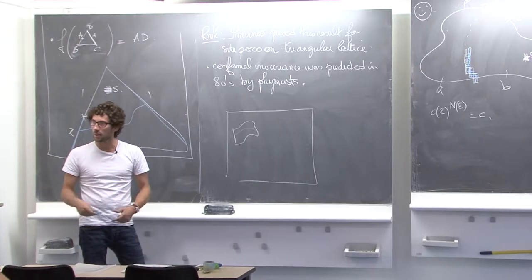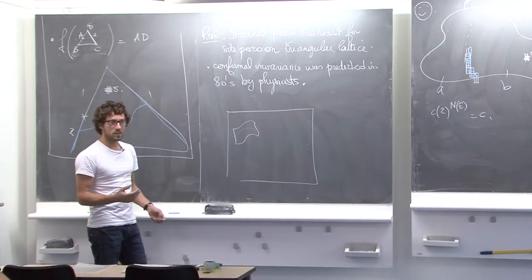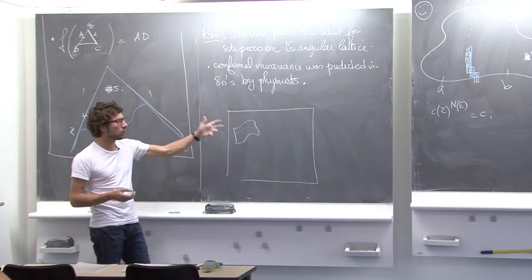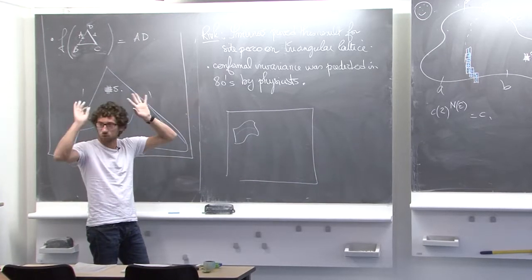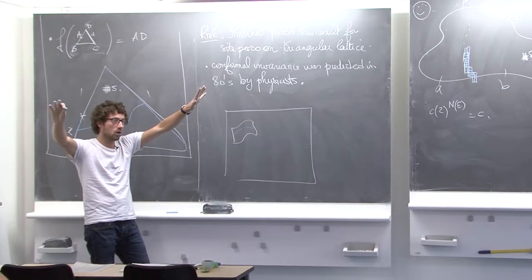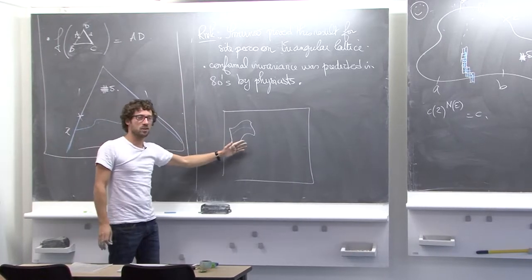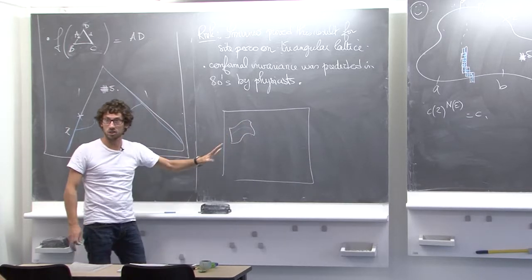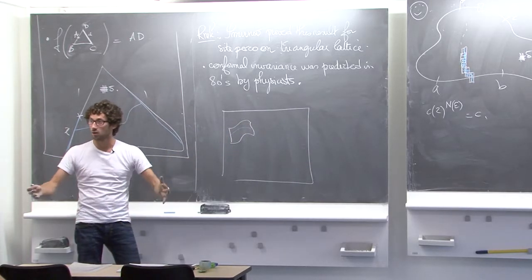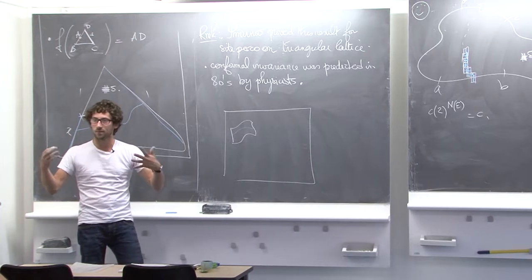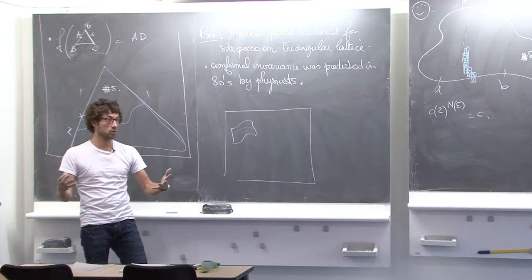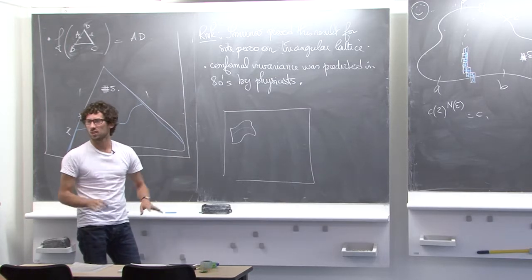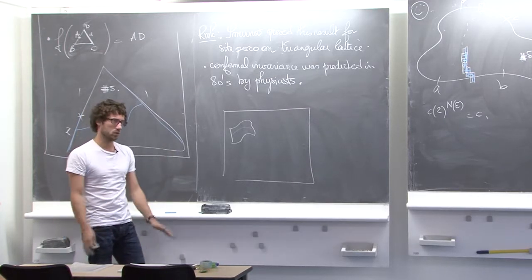If I fix epsilon small enough, and you tell me you want to know whether these two objects are close up to a certain margin of error, then if I look at all the crossings of these topological rectangles which are larger than epsilon, or let's say a sufficiently fat family of such rectangles, I'm going to be able to tell you, from the point of view of connectivity, whether these two are very close to each other or not.